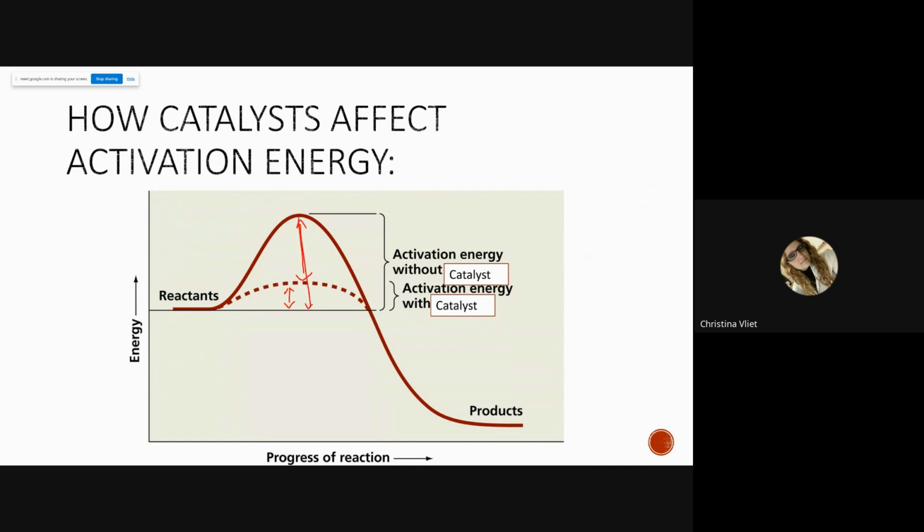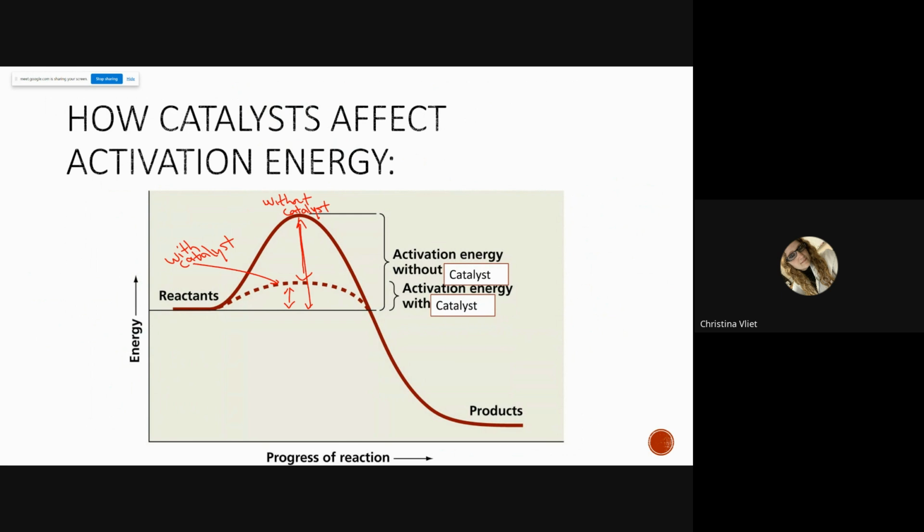Does that make sense? Without a catalyst, you need from here to here, the amount of your reactants to the top of this hill. But with a catalyst, you only need a small amount of energy for the reaction to occur. So a catalyst finds another mechanism, another way for the reaction to occur. Do you have to know exactly how it does that in this course?